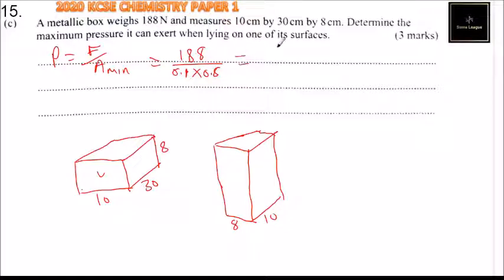So you use your calculator, you find this is 23,500 newtons per meter squared, or you can say it is 2.35 newtons per centimeter squared. This is per meter squared. So that is the maximum pressure it can exert on this side of 10 and 8. And if you do that, you'll be able to get 3 marks.